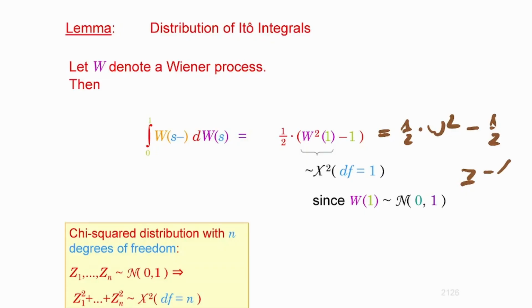So there is going to be some modified version of the chi-square distribution, which is never going to be less than negative 1/2. How come? Because the square of a random variable cannot be negative, and that is true for the normal distribution as well. So no matter what happens, the Ito integral will never be less than negative 1/2, which you can see from this result.